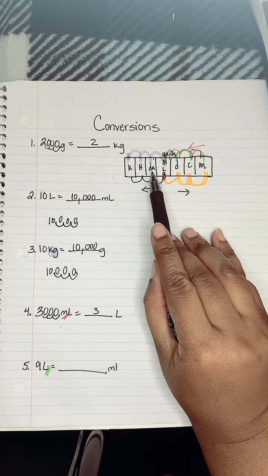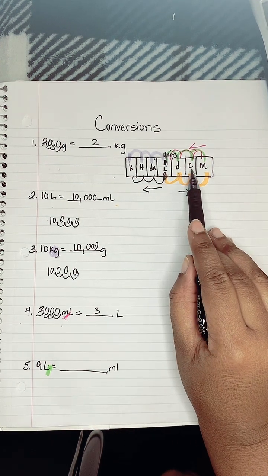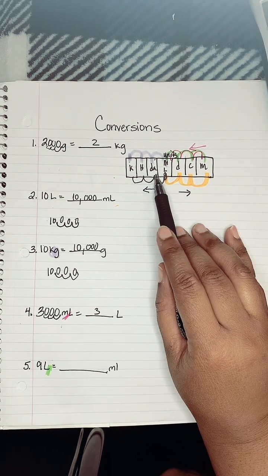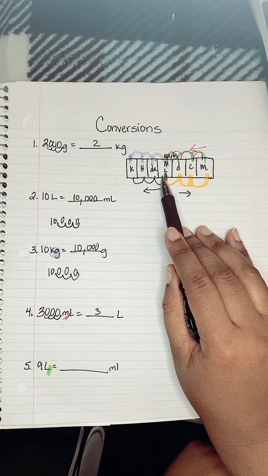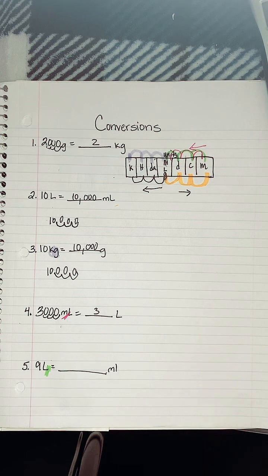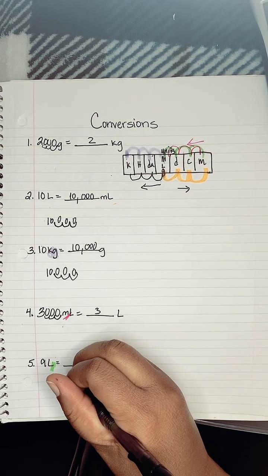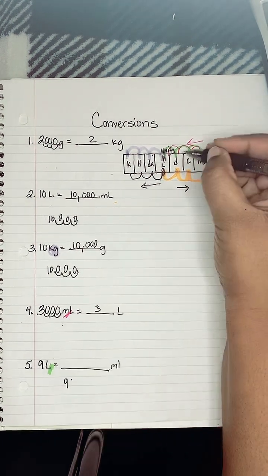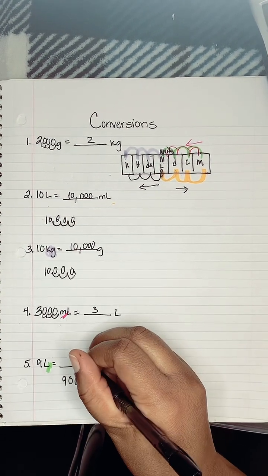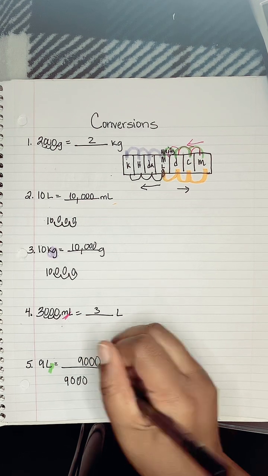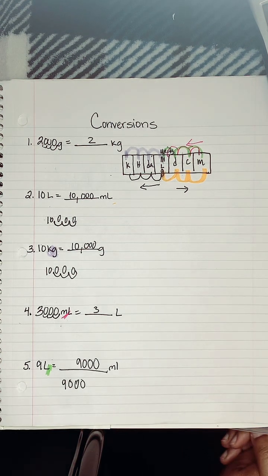That's how you memorize it. So then we're going to do 9. Add those 3 zeros. 1, 2, 3. And we would get 9,000 milliliters.